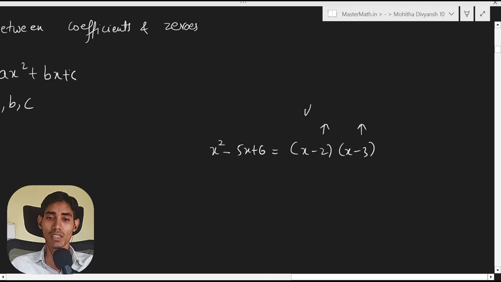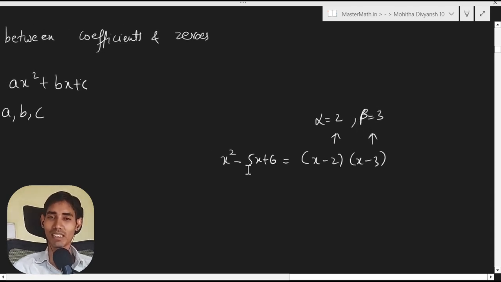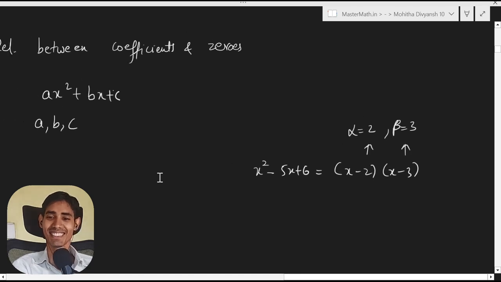So I'm writing the first zero as alpha and the second zero as beta. Now these alpha, beta are just Greek letters, just as we have a, b, c. It's just a sophisticated version of alphabets: alpha, beta, gamma, delta, eta, theta, all these things.